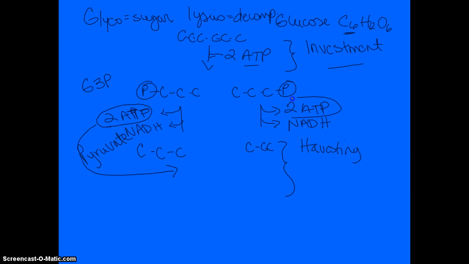So we have an investment of 2, so we lost 2 to begin with, put it in, we recoup 4 ATP, and my overall gain, or net gain, is 2 ATP. Don't you just love it when algebra comes back into play in biology? So 2 ATP is what gets produced during the breakdown or decomposition of sugar called glycolysis.